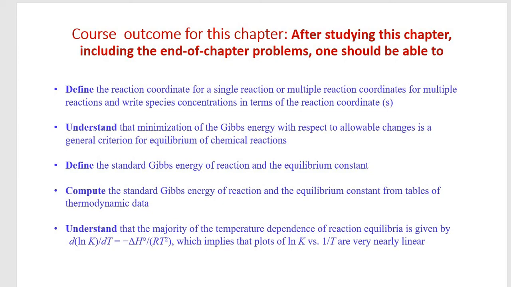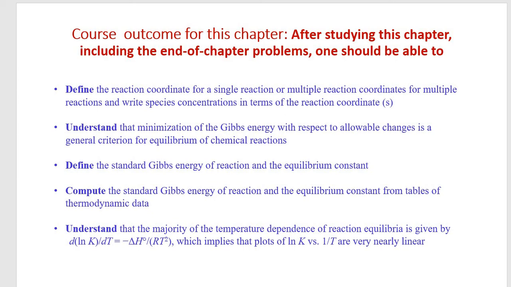These outcomes are written with respect to Bloom's taxonomy words. So after studying this chapter, what the student is going to achieve, or what the student is able to do, are listed here.